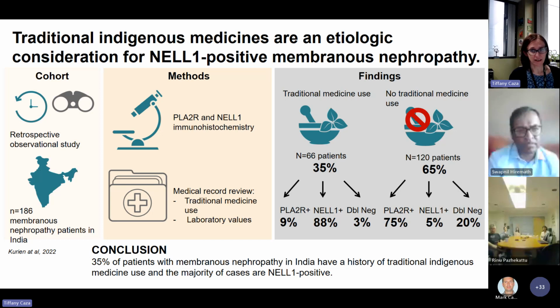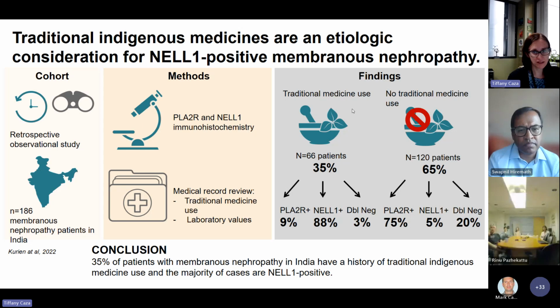In China, and in India, and in Japan, it's been shown that NELL1 membranous has a much higher frequency. So in India, there's a study at Renopath, which is a large center in southern India that receives biopsies from multiple practices. And in their practice, they saw 35% of their total membranous patient population was NELL1 positive and also had association with traditional indigenous medicine use.